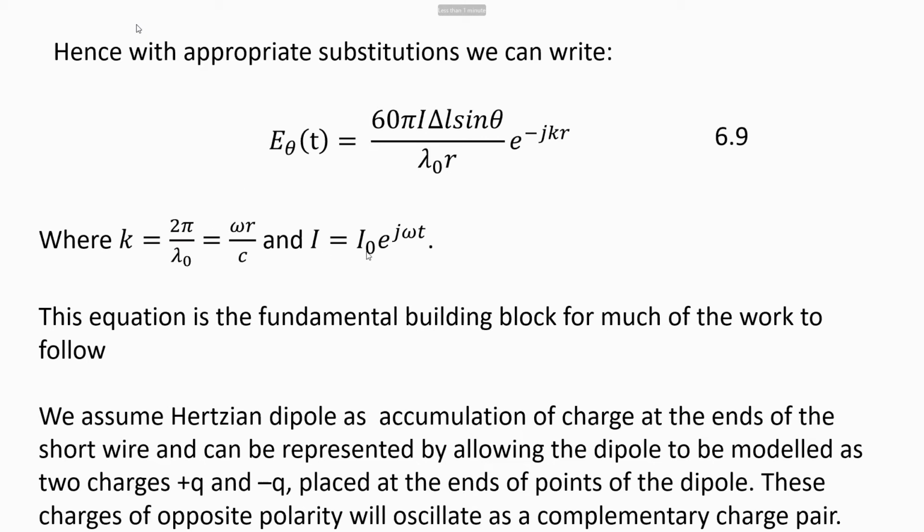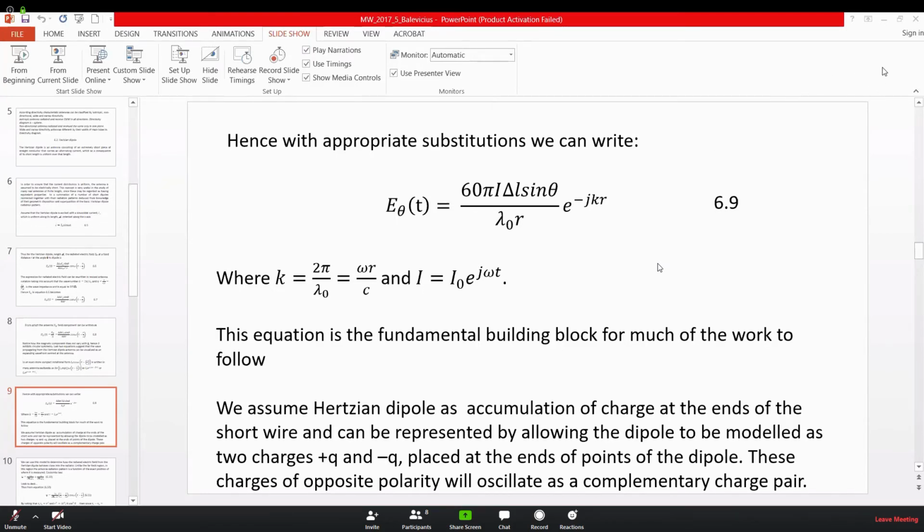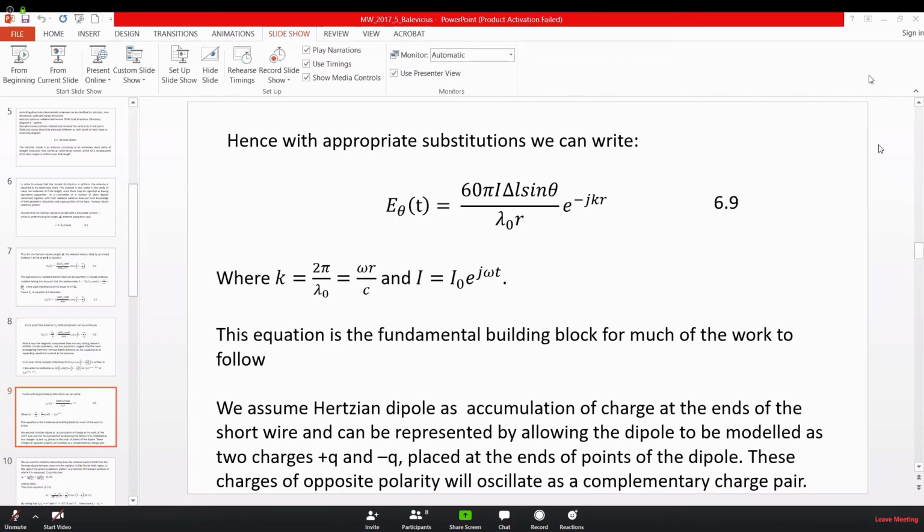Alternating current looks like this: here we have the amplitude and here the phase. These equations are actually some kind of fundamental building blocks for much of the work to follow.